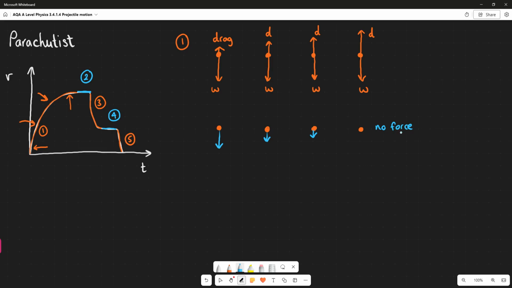They have stopped accelerating towards the ground. They have reached their maximum velocity. They are now at their maximum speed. This is called the terminal velocity. You get a terminal velocity whenever acceleration is 0.